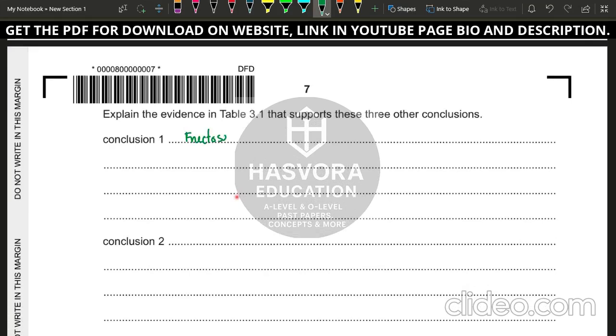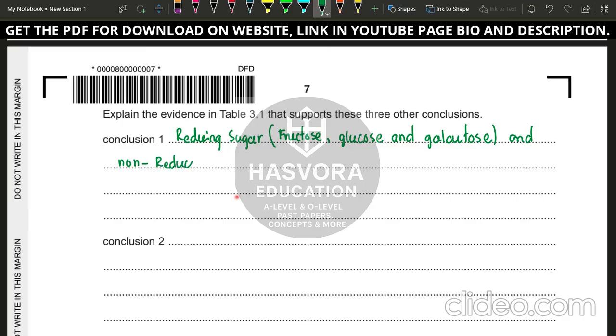reducing sugars like fructose, glucose, and galactose, and then the non-reducing sugars are present in all varieties of carrots.